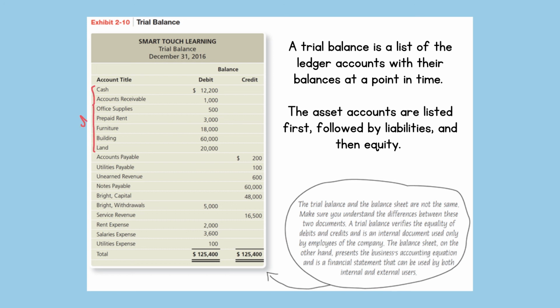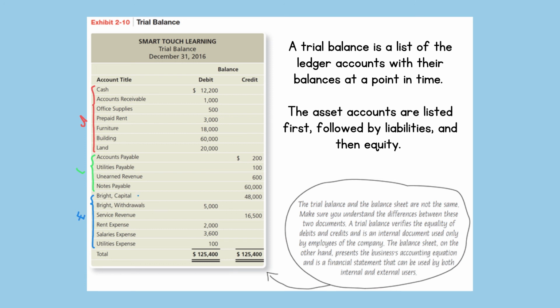These are your assets. Liabilities are from accounts payable to notes payable. Okay, and equity accounts are here. Capital, withdrawal, revenues, and expenses. These are your equity accounts.